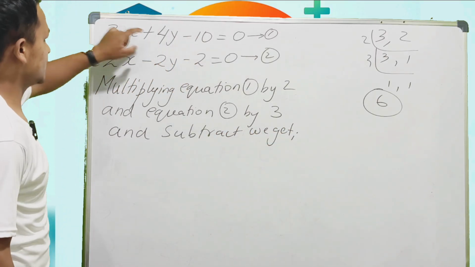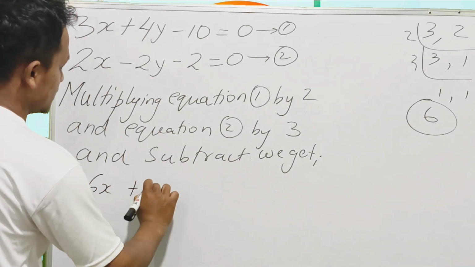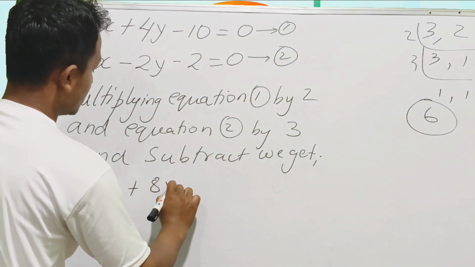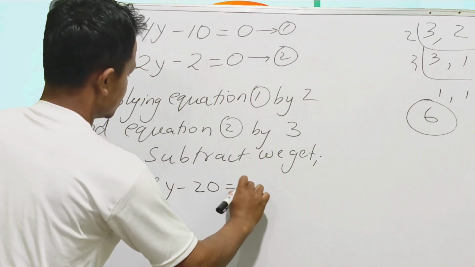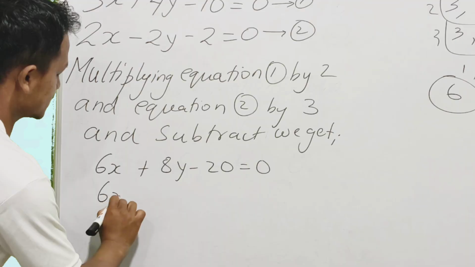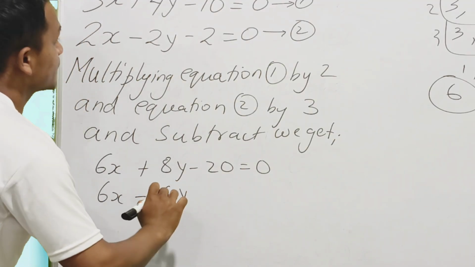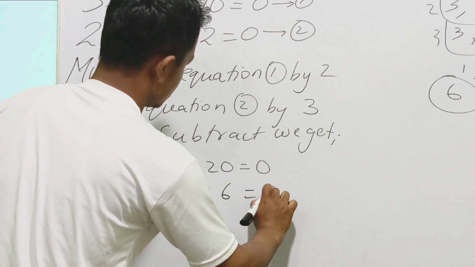If you multiply each and every term of equation 1 by 2, you'll get 6x plus 8y minus 20 is equal to 0. And if you multiply equation 2 by 3, you get 6x minus 6y minus 6 is equal to 0.